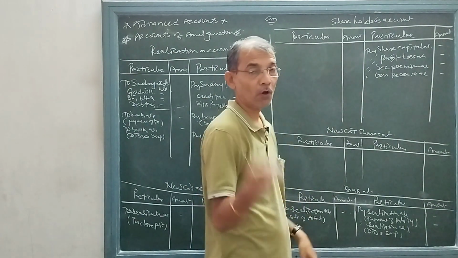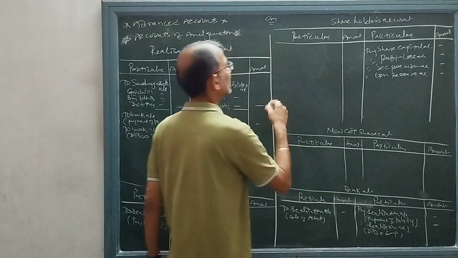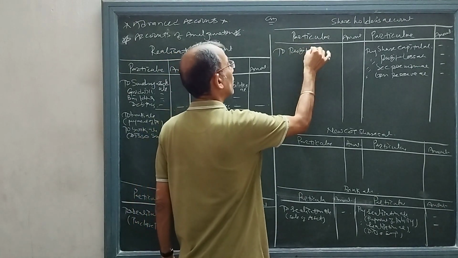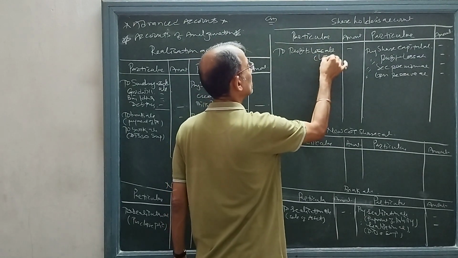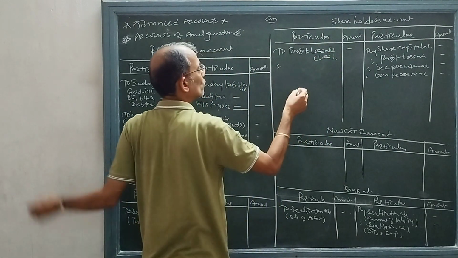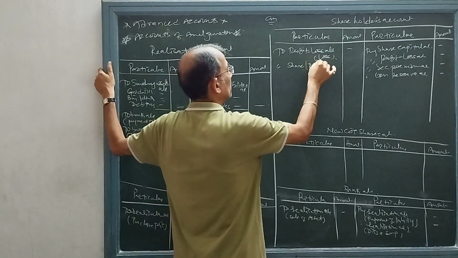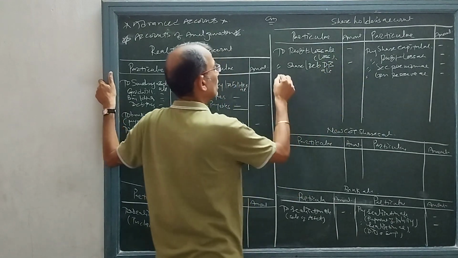If there is a loss or fictitious assets, they will be written on the debit side of the shareholders account: To profit and loss account, that means that is a loss. To share debenture discount account.